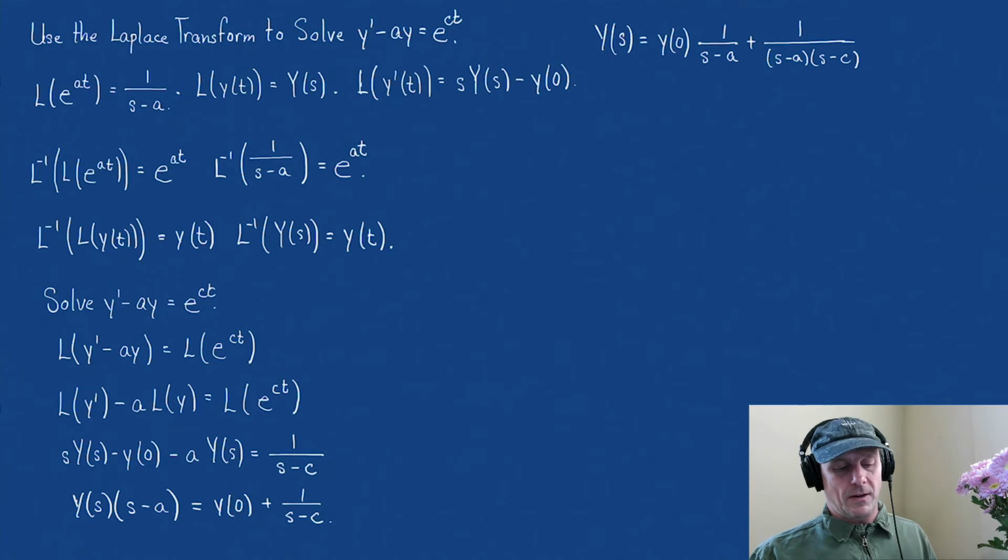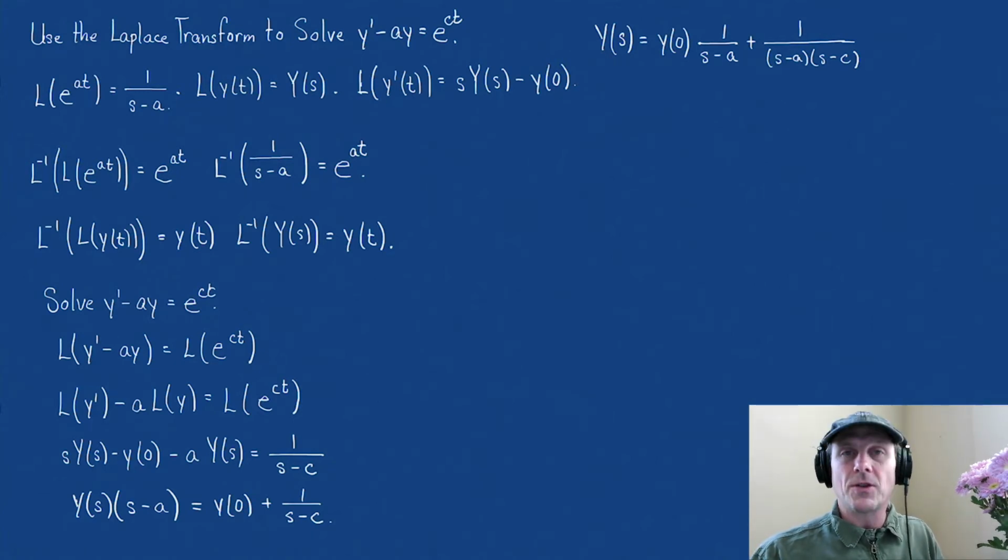Now remember, we don't know anything about 1 over two factors. We just know something about 1 over s minus a or 1 over s minus c.